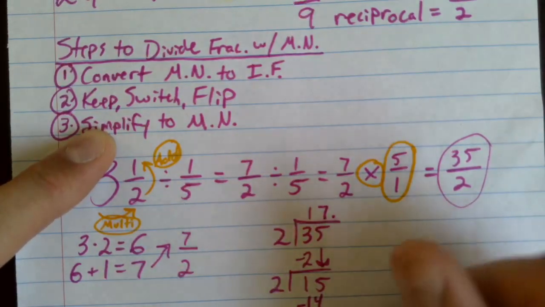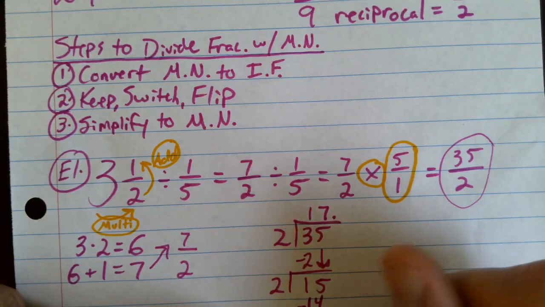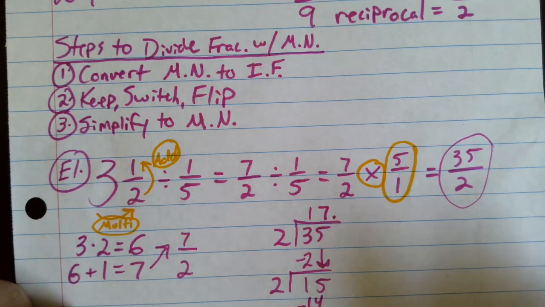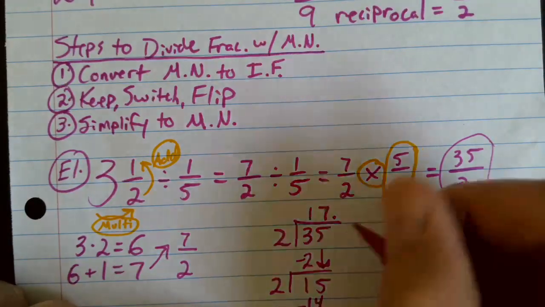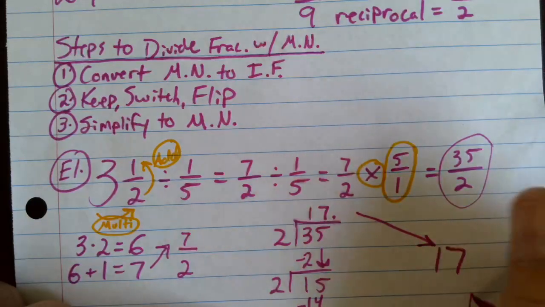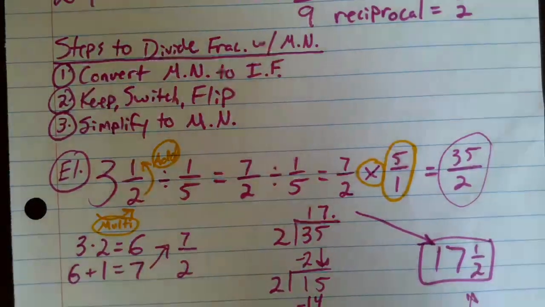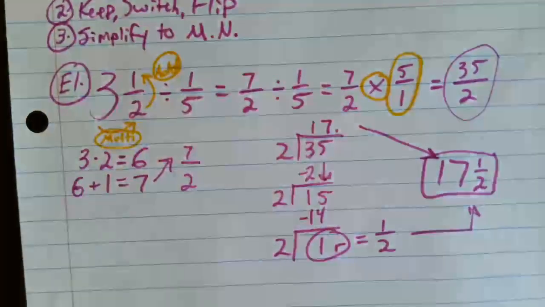Now we also write our remainder as 1 over your denominator, which is 2. Okay? And then what we do from there is write your answer. And your answer is 17 1/2. That's it. 17 1/2 is your answer.